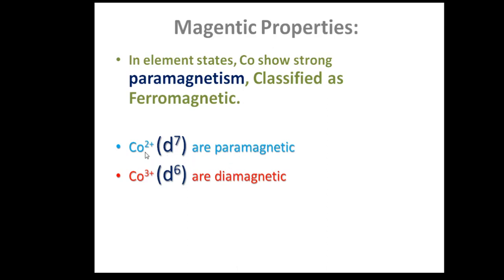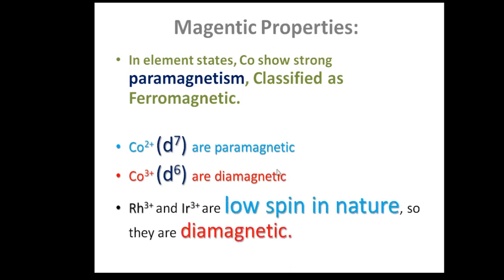So here when cobalt is in the 2+ oxidation state, that means d7 is the electronic configuration, at that time it shows paramagnetic behavior. And when cobalt is in the 3+ oxidation state, which is d6, it can behave diamagnetically in nature. Okay, so on that basis, some selected elements also show some exceptional properties.